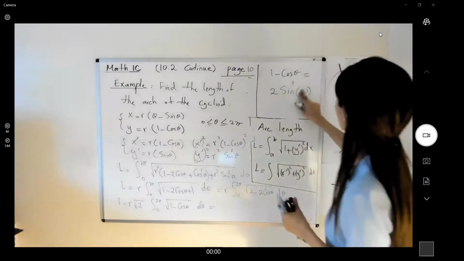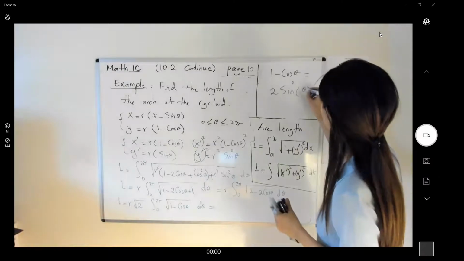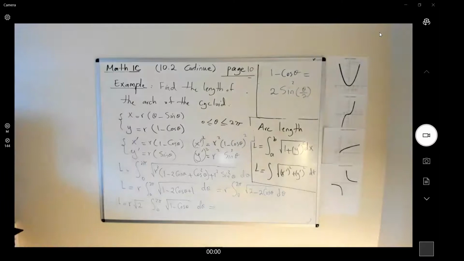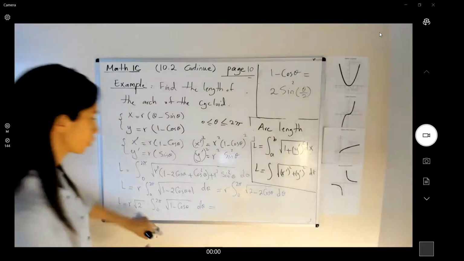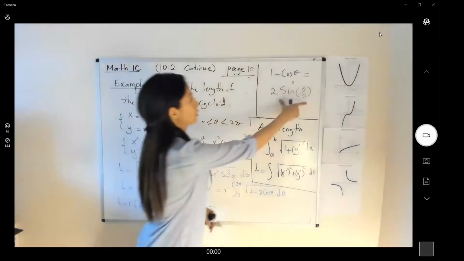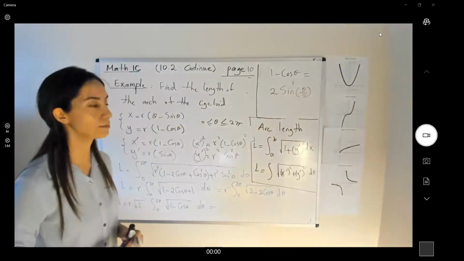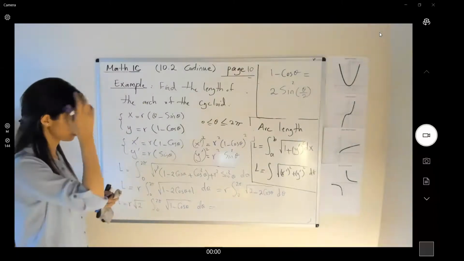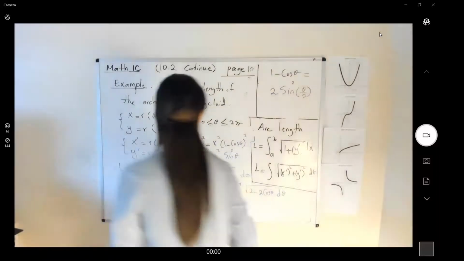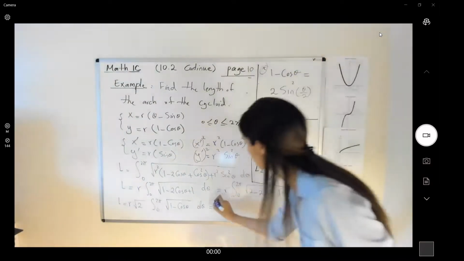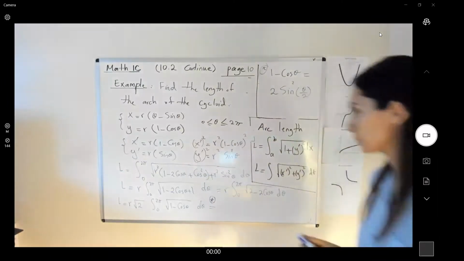So here you have 1 minus cosine theta. We're going to use sine squared and get rid of this radical. Let me put a star here.